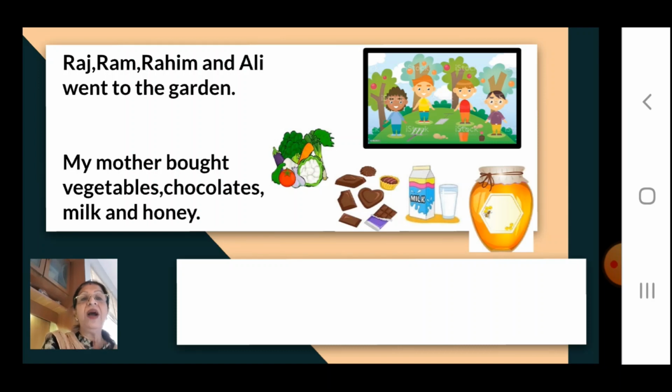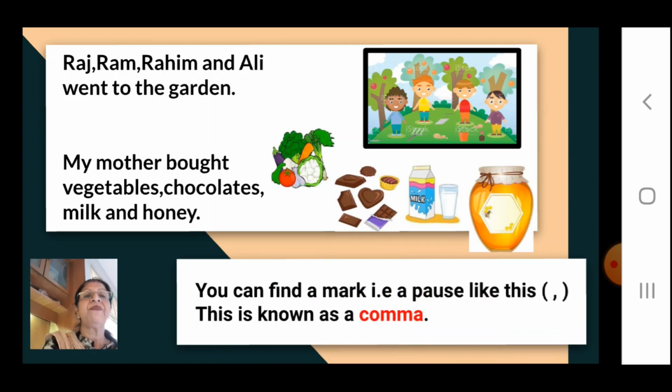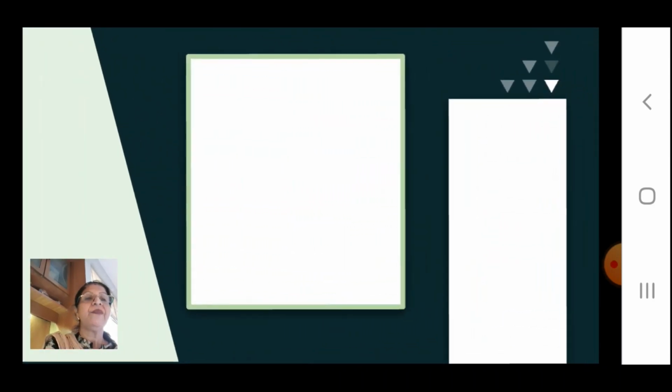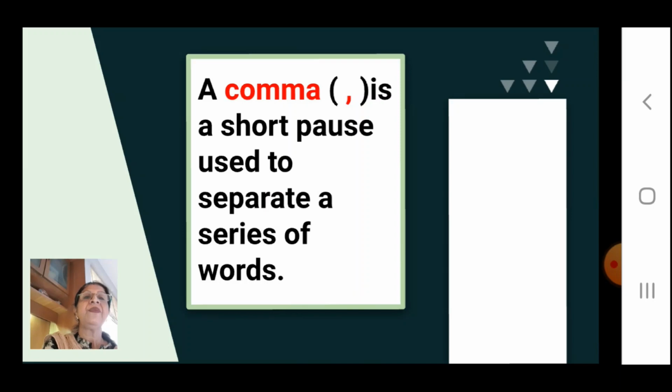Now why have we put a comma and where do we put a comma? Now you can find a mark, that is a pause like this. We put a comma where we have put a pause. So this is known as comma. Now what is a comma?